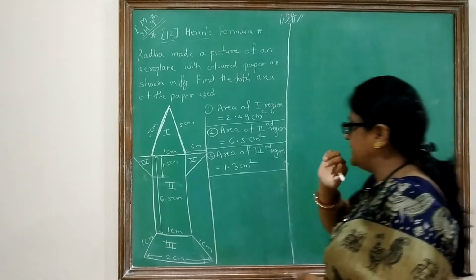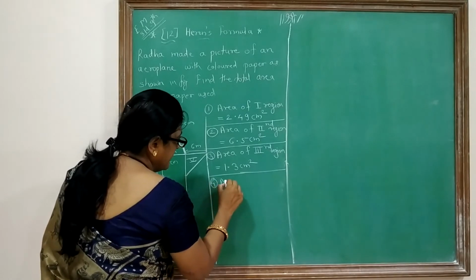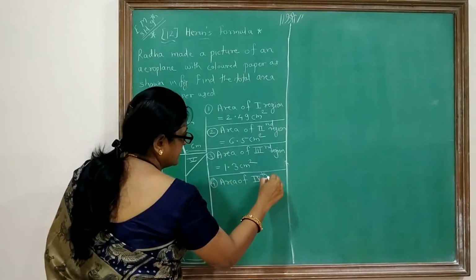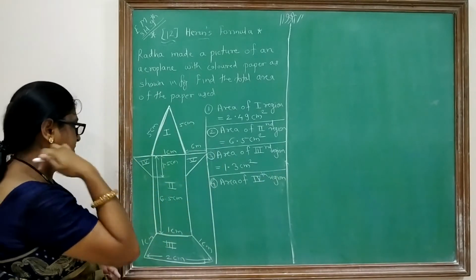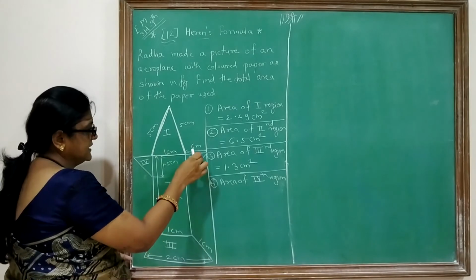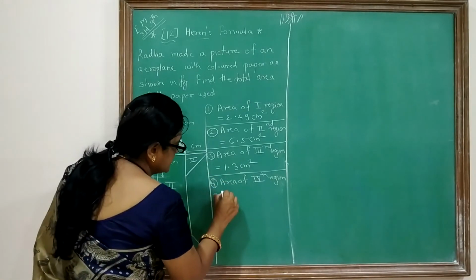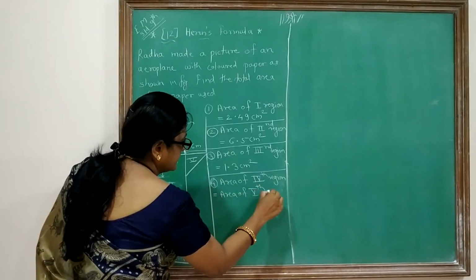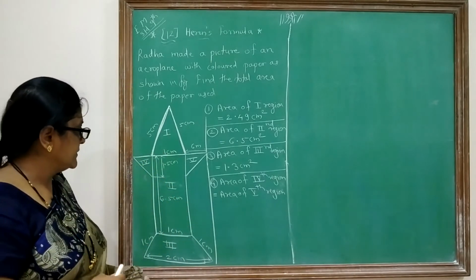Then area of fourth region. Area of fourth and fifth are equal because this side and this side, this side and this side are equal. Means area of fourth region is also equal to area of fifth region. Means you will find your area of fifth region.